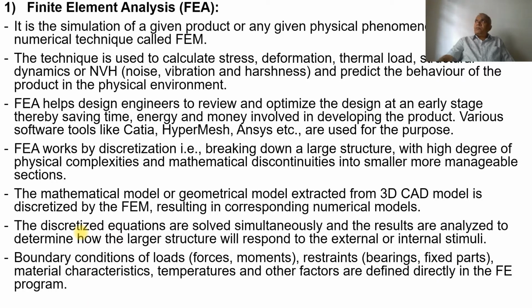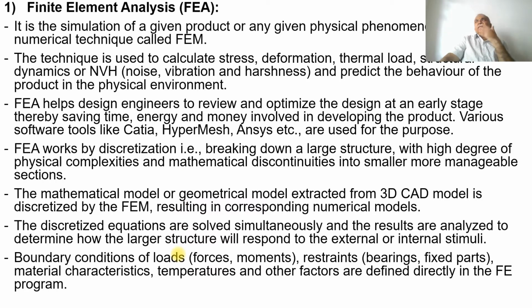So basically, among the FEA software, we are going to use CATIA, Hypermesh and also ANSYS. Hypermesh is used for meshing the product, and then we do the analysis using the ANSYS software.